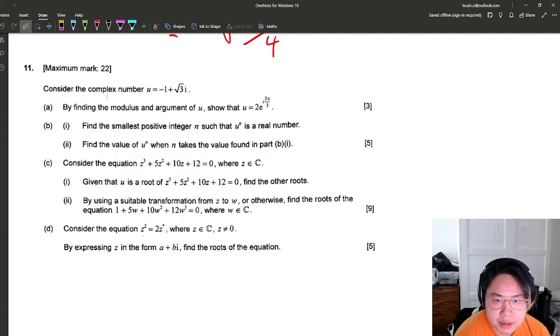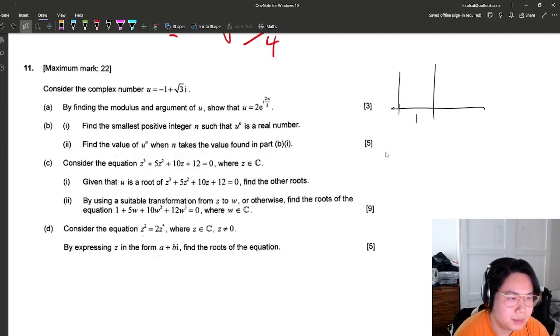Okay, here's a complex number. Find the modulus argument form. Show it's this. Okay, so we're gonna graph it on the Argand diagram. So here's 1. That's our real part, -1. Here's my imaginary part, which is √3. So here is your complex number u.